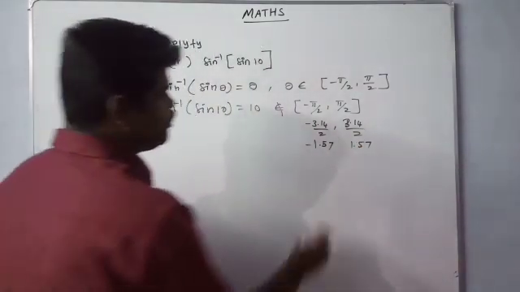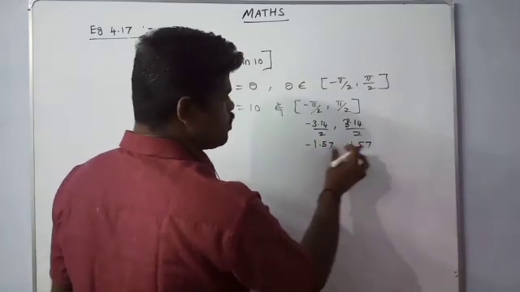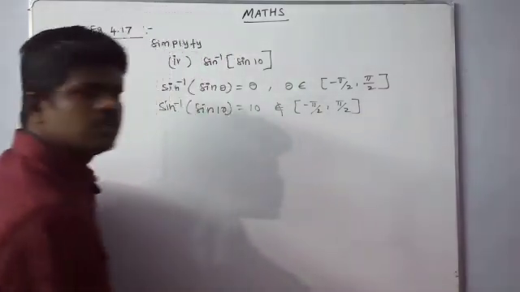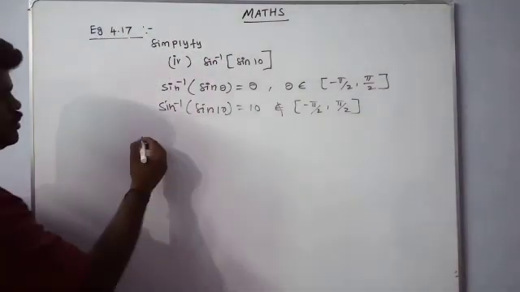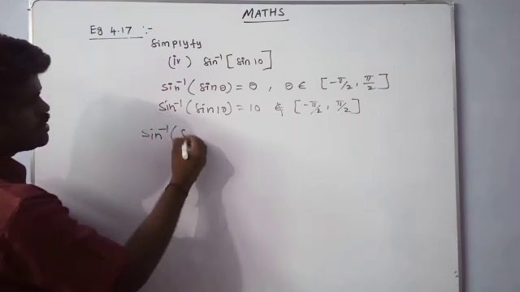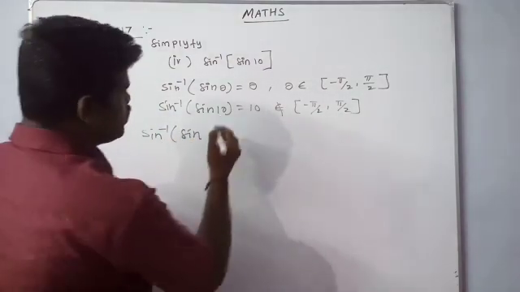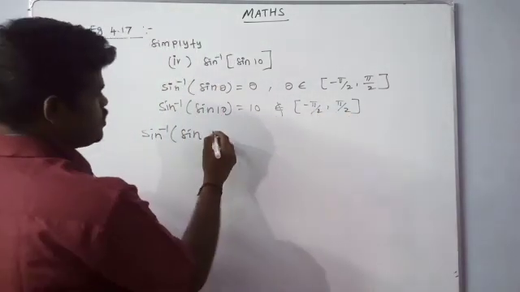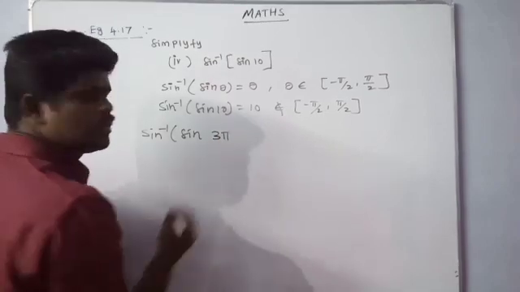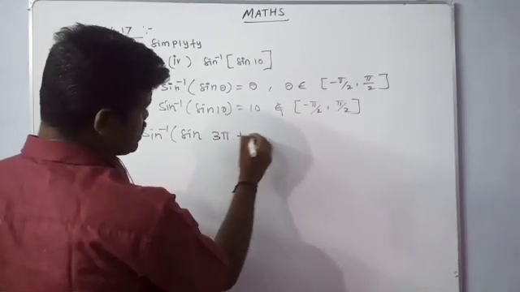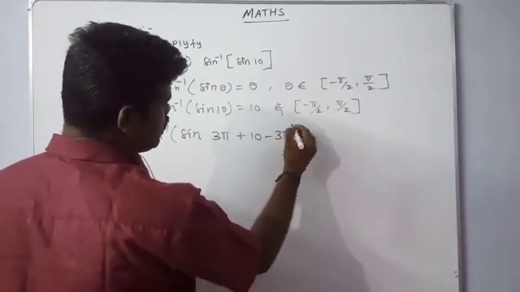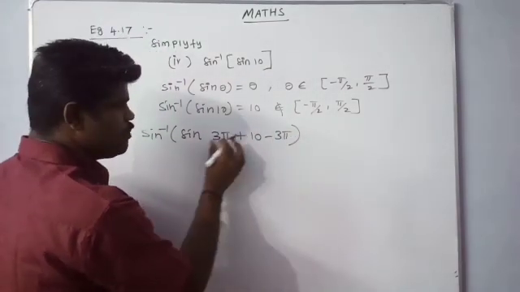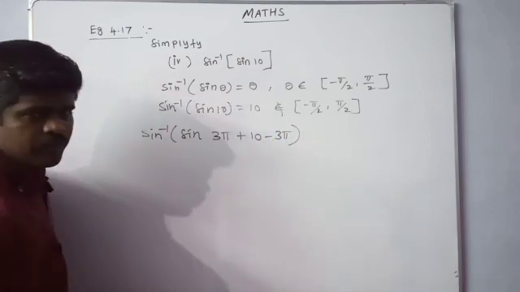Okay, so 10 does not belong to minus 1.57 and plus 1.57, so we cannot write the value directly, so we want to simplify this value. That's why we can write sin inverse of sin of 10. We must add 3 pi, so plus 10 minus 3 pi, because 3 pi minus 3 pi cancel, plus 10 is here.